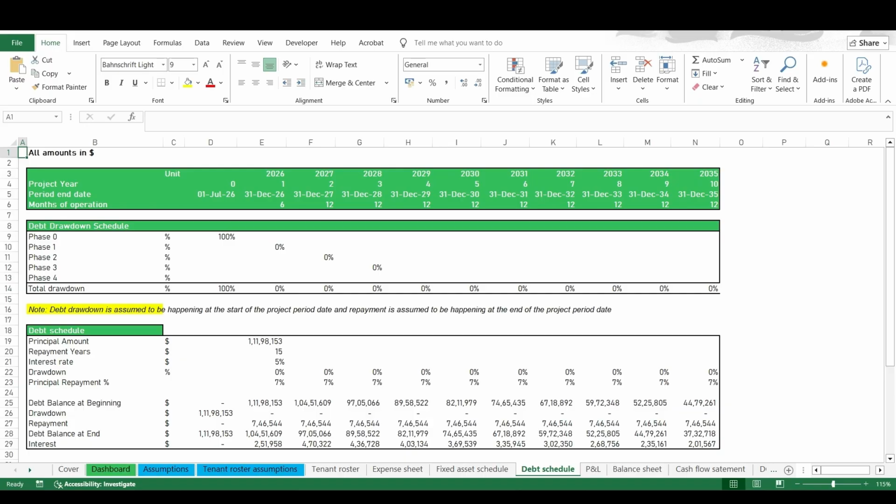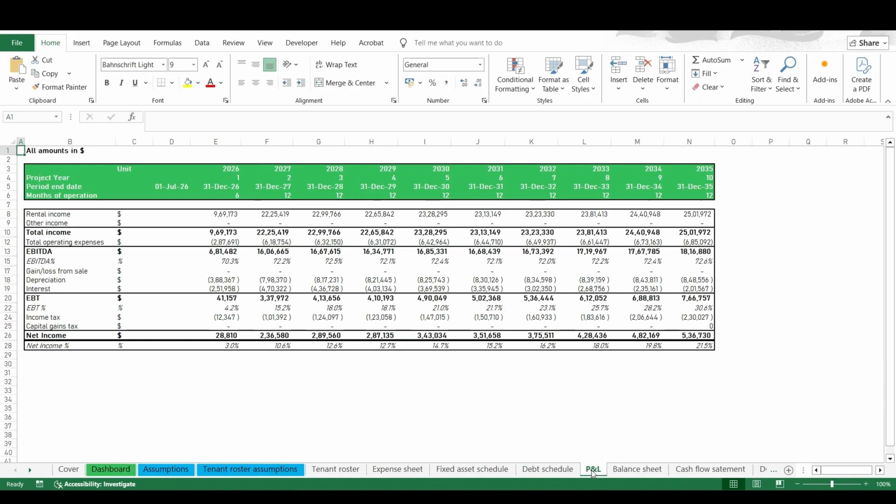Next we have our P&L calculation, which is pretty straightforward. We have rental income, other income, then we subtract the operating expenses. After that, we get the EBITDA, gross EBITDA, and EBITDA percentage.